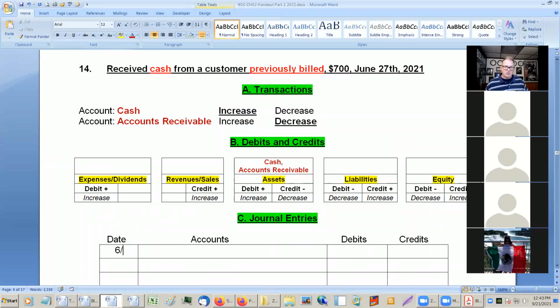So cash is going up, so it will be an increase. Oops, not there. It was going up 700.